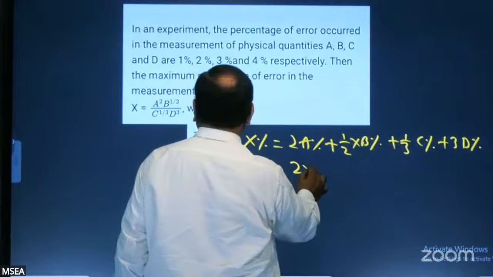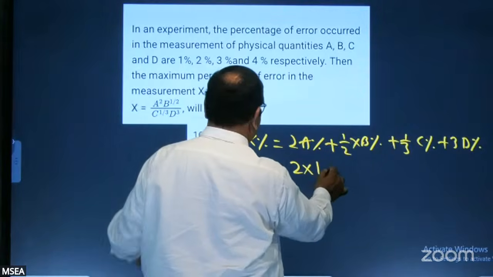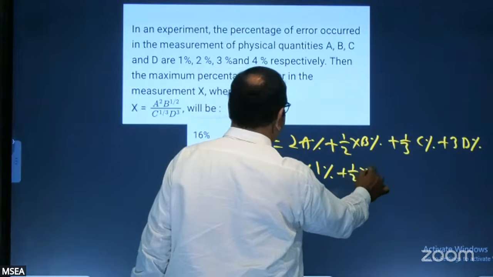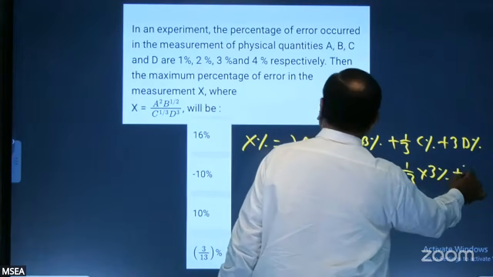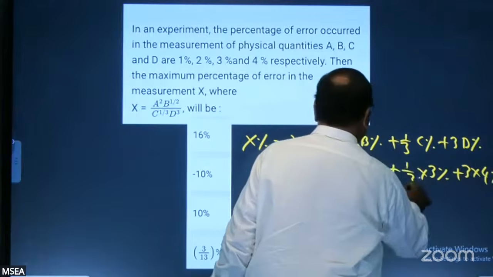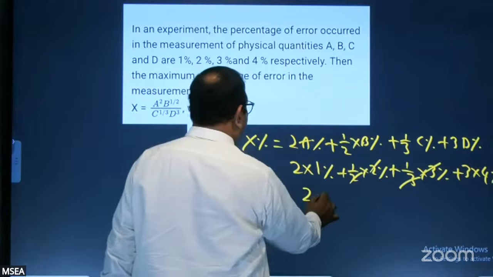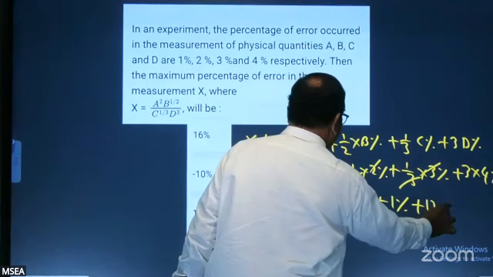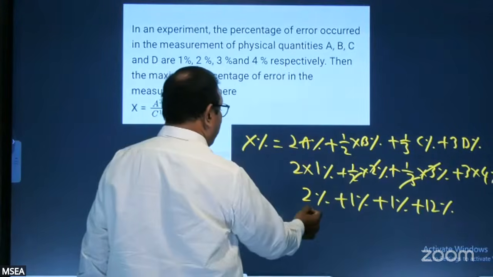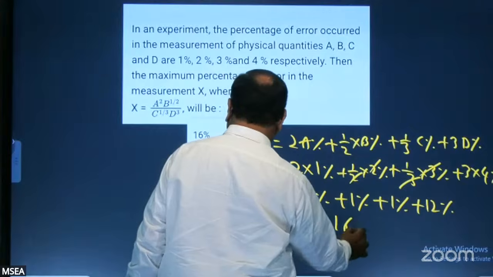Then 2 into A percent, A is given as 1%, plus B is given as 2%, plus C is given as 3%, and also D is given as 4%. This cancels, then 2% plus 1% plus 1% plus 12%, which is equal to 16%.